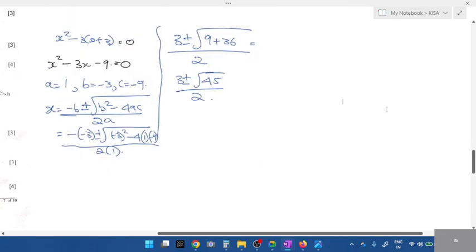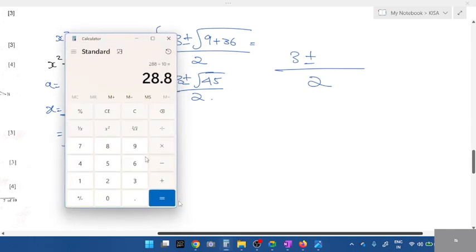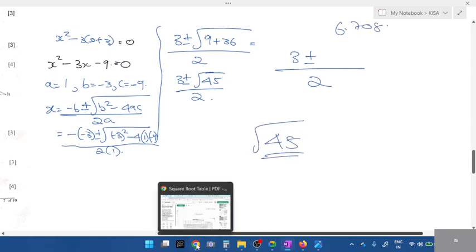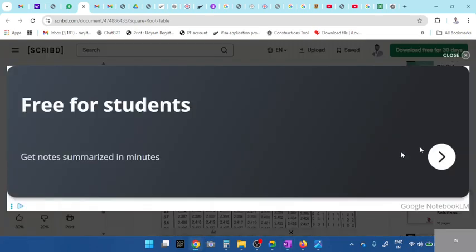Now look here, 3 plus minus root. What is the square root of 45? What's the answer? 6.708, right? Let us check the table. Look here, 45 is given. Two values are given. So go to 45.